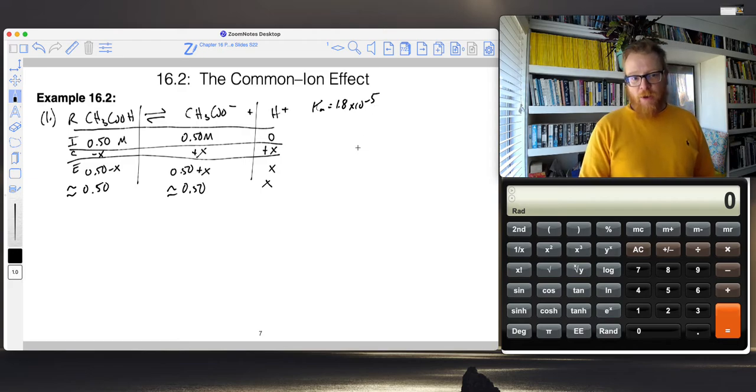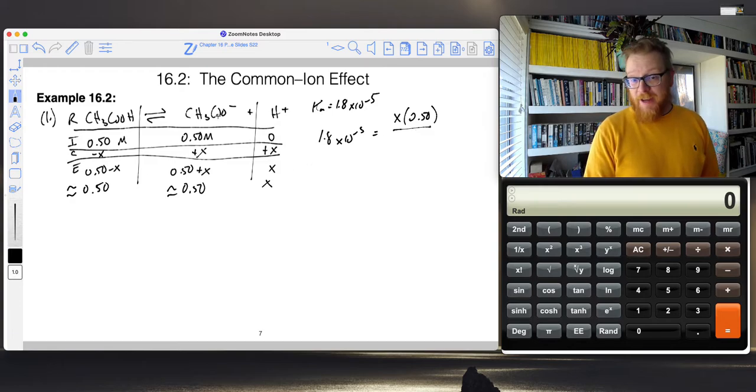Now when I go to set this up, I'm going to do this as the equilibrium expression. 1.8 times 10 minus 5 equals H plus times acetate, which is just simply x times 0.5, divided by acetic acid, which is 0.5. So you can see here, this one is really straightforward. The 0.5 and the 0.5 cancel. x is 1.8 times 10 minus 5, which we know is the H plus concentration.